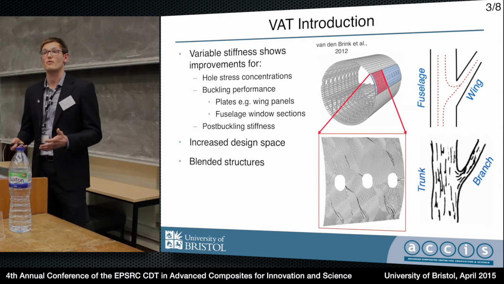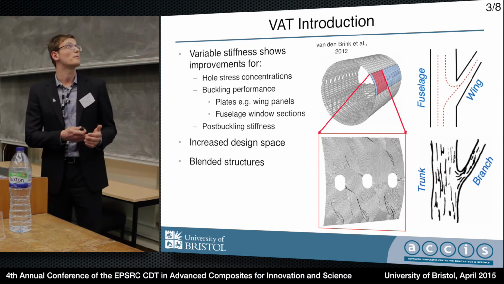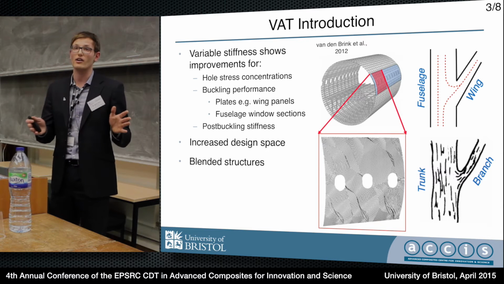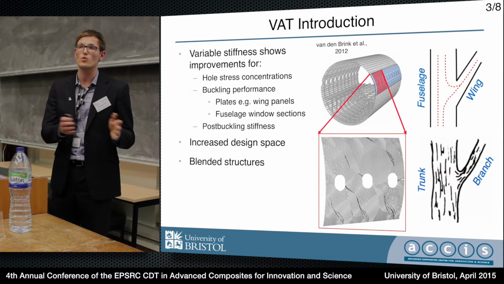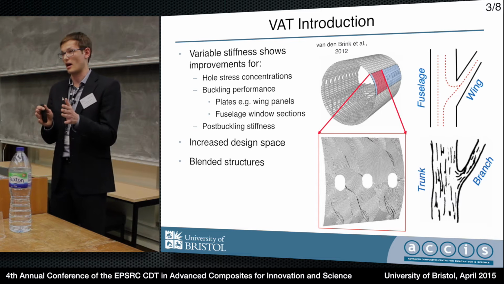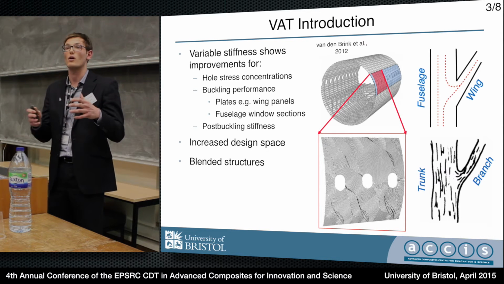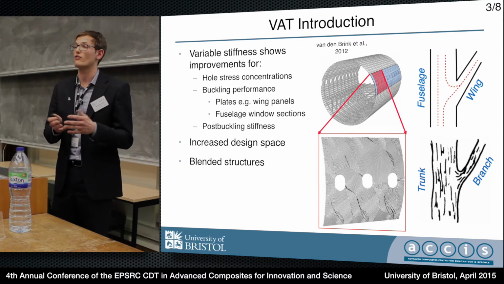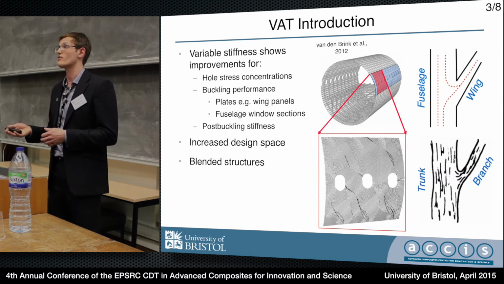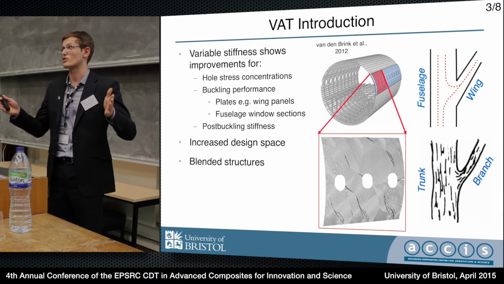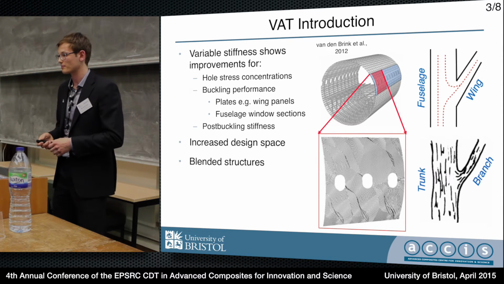The basic mechanism behind this behavior is that by spatially varying the fiber orientations, we can remove load from unsupported areas towards the center of a panel where a buckle waveform would occur and redirect it towards stiffened edges where there are support conditions.